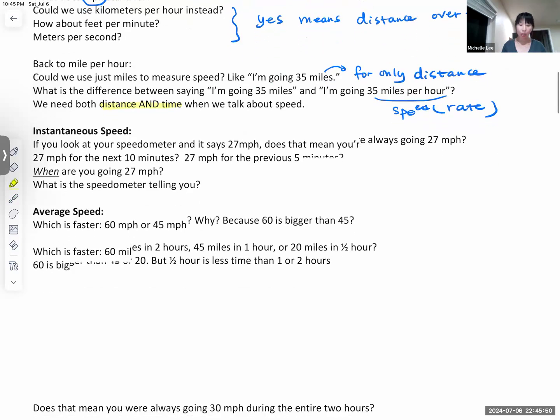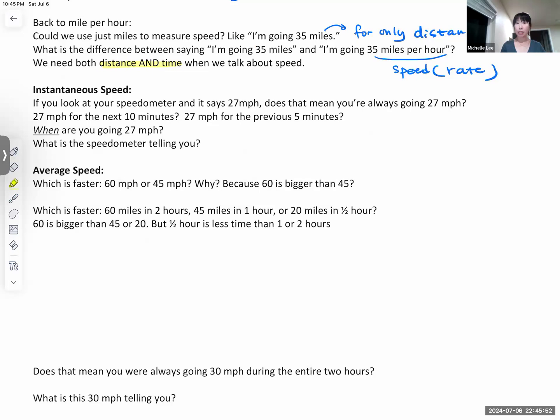Okay, now we have instantaneous speed. If you look at your speedometer and it says 27 miles per hour, does that mean you are always going 27 miles per hour?